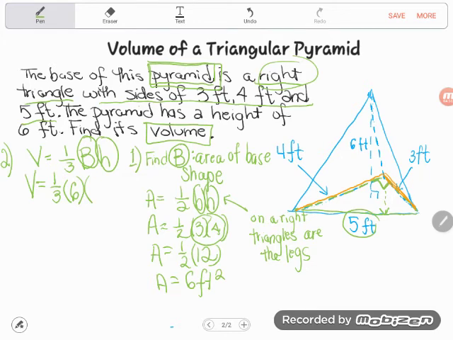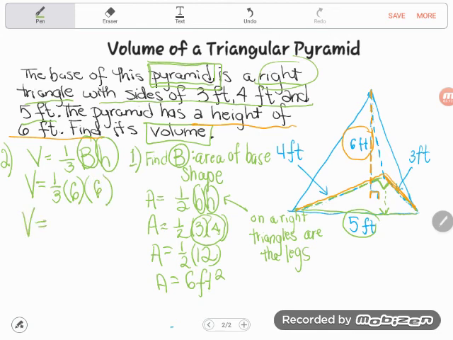The height of a pyramid stretches from the tippy top of the pyramid down to the base at a right angle. So there's that 6-foot height of the pyramid. They did tell it to you in the reading as well. The height is 6 feet. So I'm going to plug that in for the height of my pyramid.